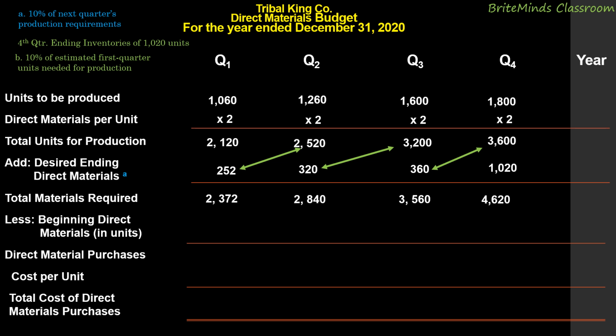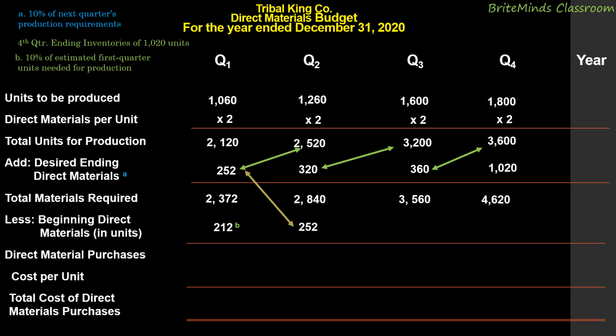So 10% of 2,120 is 212. And then for the second quarter, the ending inventory of quarter 1 will be the beginning inventory for the second quarter. So our beginning direct materials is 252.